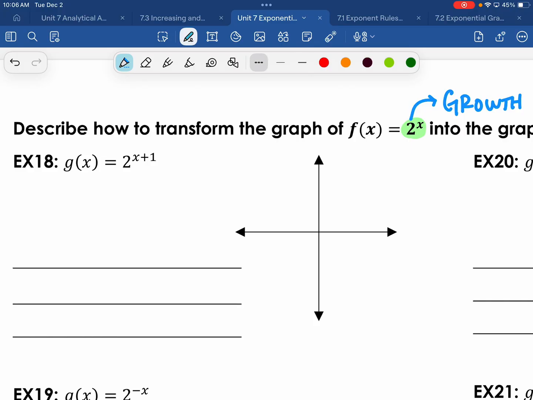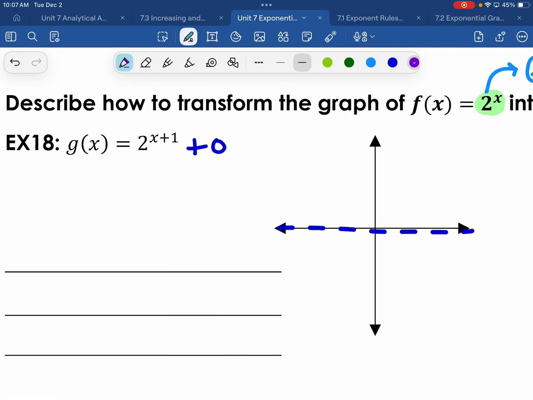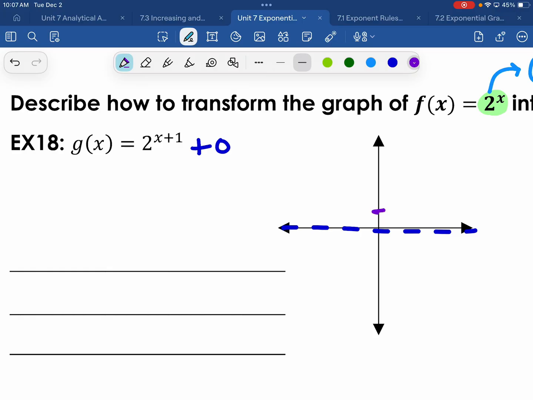All right, first thing I'm going to do is the asymptote. On 18, is there any number getting added or subtracted outside? No. So where is your asymptote going to be at? 0. Because technically it's like plus 0 out there. Okay, now for your starting point, which normally your guy's going to start right here at 1. It's going to go up.